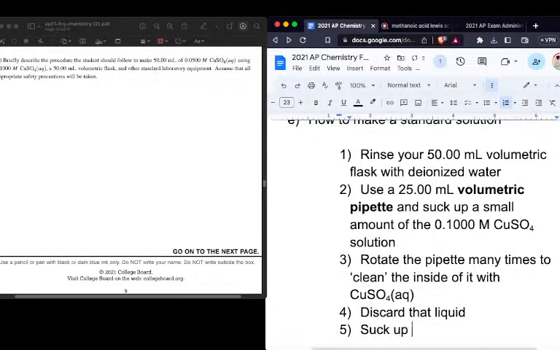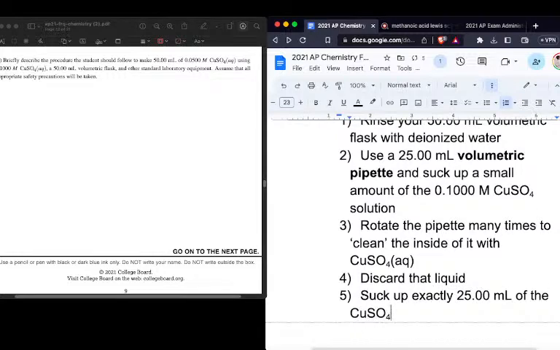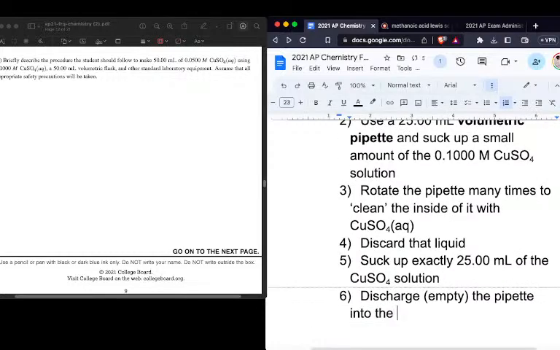Then suck up exactly 25.00 milliliters of the CuSO4 solution. Discharge or empty the pipette into the 50.00 milliliter volumetric flask.